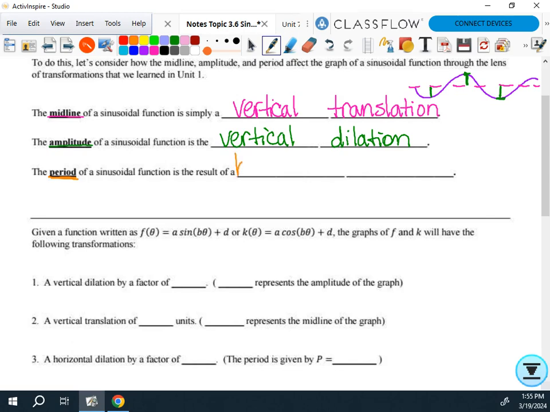So this is the result of a horizontal dilation. So we've talked about horizontal and vertical dilations and the vertical translation. Horizontal translation is going to come in just a little bit, but we're going to do that kind of separately. All right, but that's how those names of those things that we have learned work with your transformations.